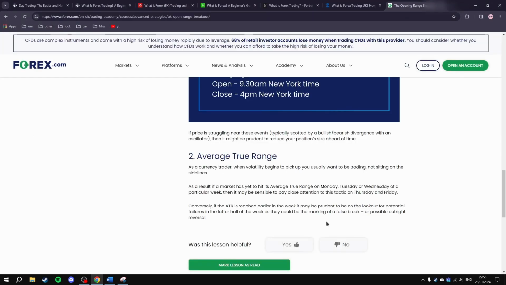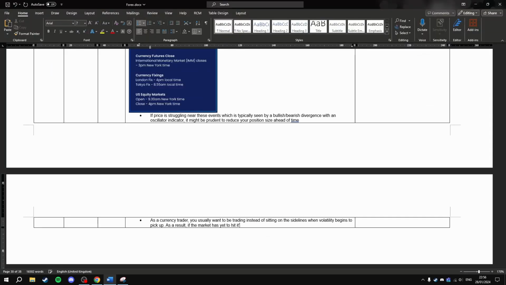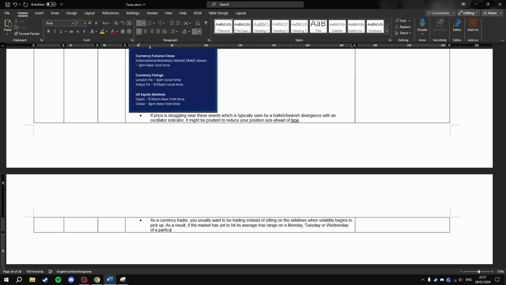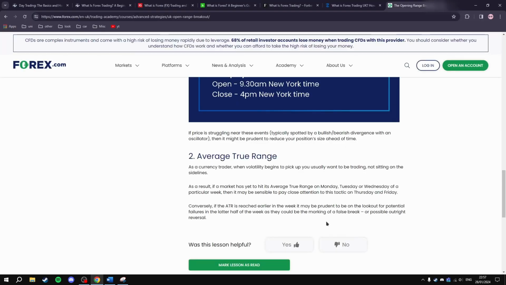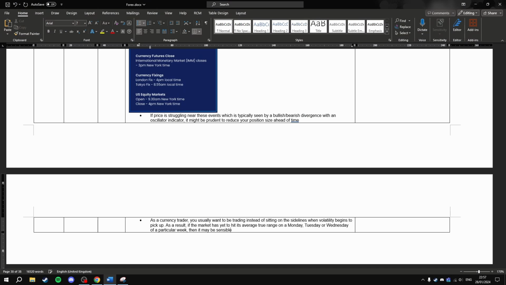If a market has yet to hit its average true range on a Monday, Tuesday or Wednesday of a particular week, then it may be sensible to pay close attention to this tactic on Thursday or Friday.